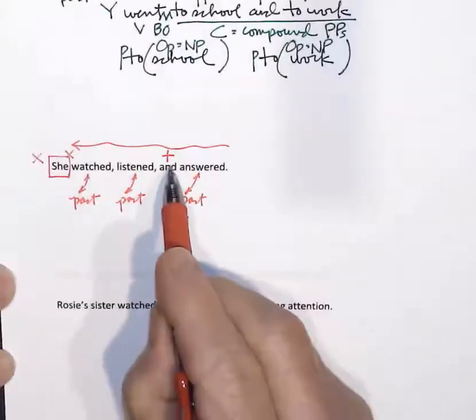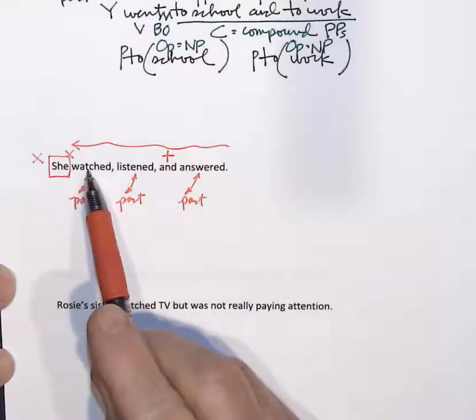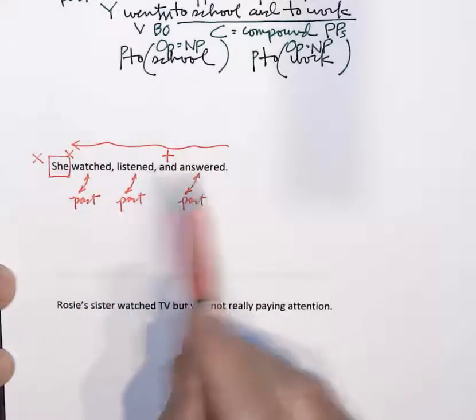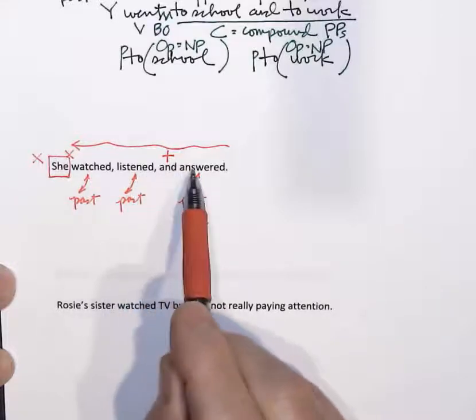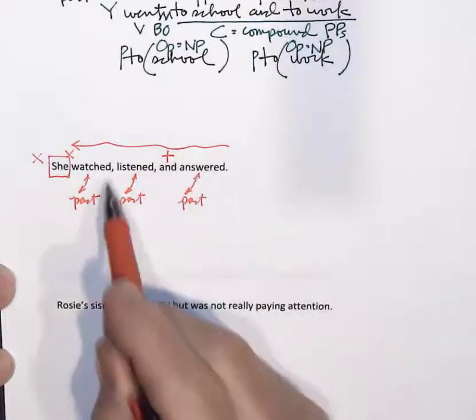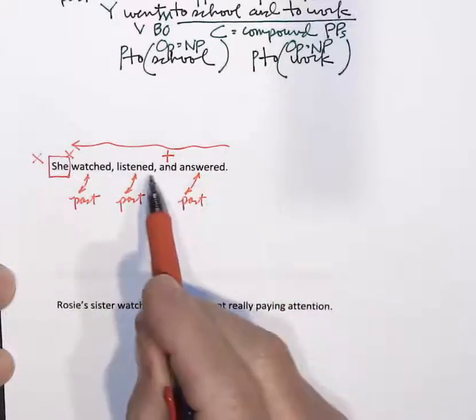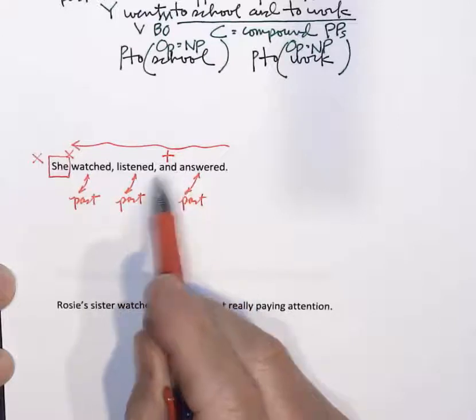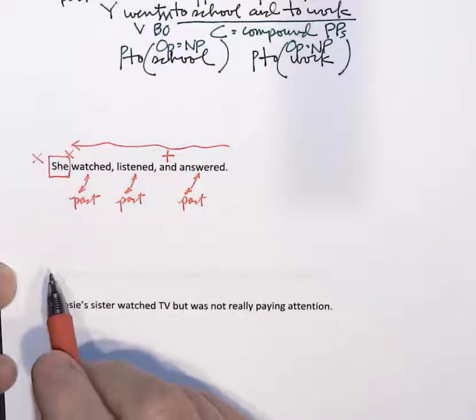And we've used a coordinator, and this is how coordinators work. It doesn't matter how many members you have in the series or in the compound, but we put a coordinator between the last two, and then we use commas to separate the members. I like to put a comma between the last two members, but you don't have to. So what do we have here?